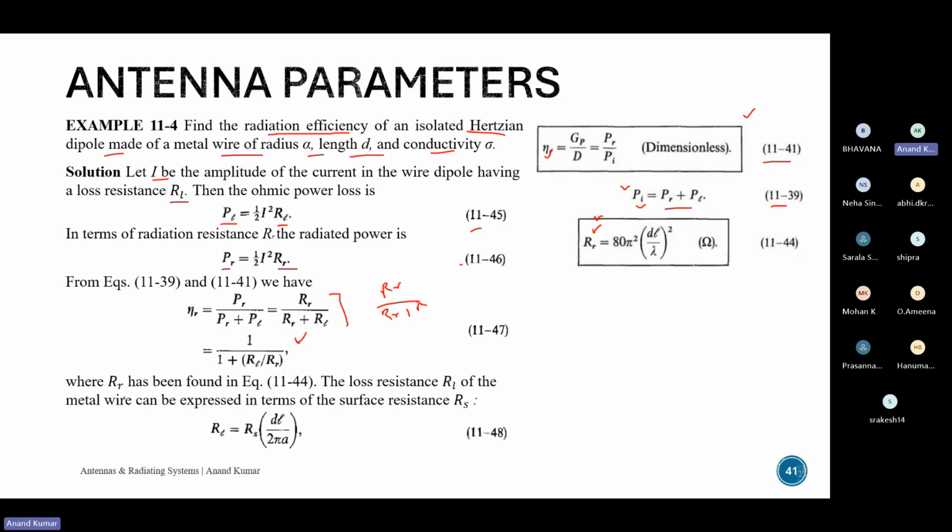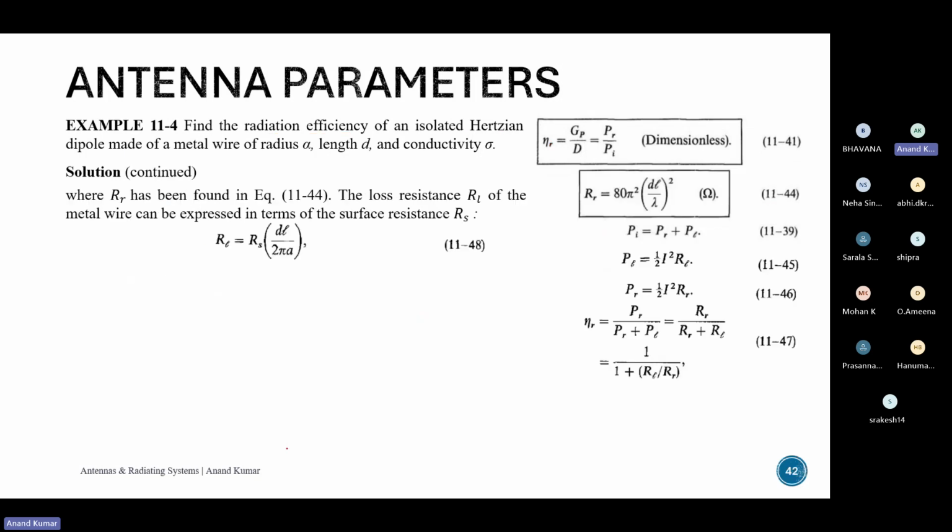RR was found in the previous example, and is equal to this. Then we need to calculate the loss resistance. If you remember, resistance is equal to rho l by surface area, so it is the surface resistance times the length of the dipole over the cross section of the dipole.